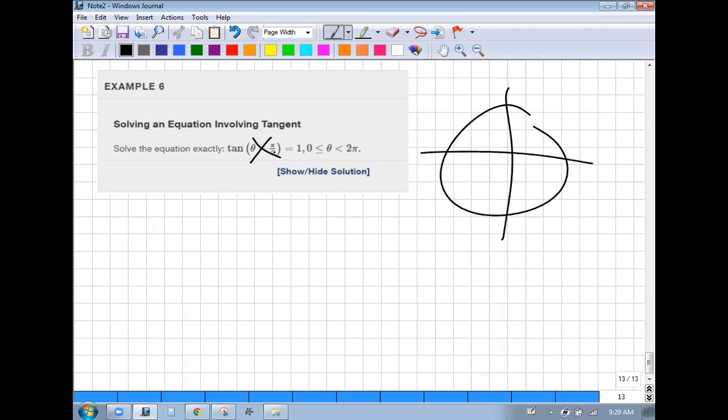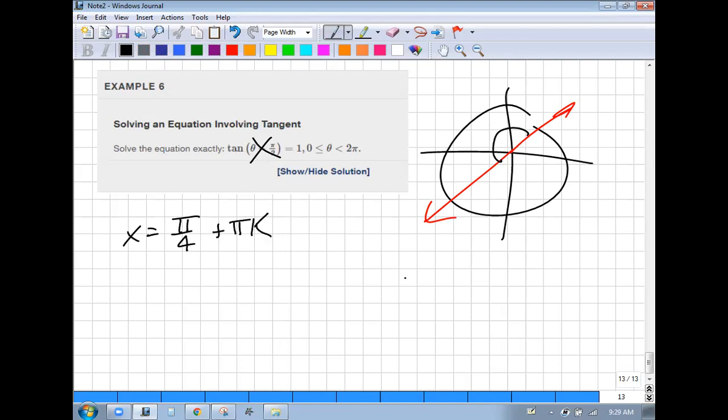So where is tangent equal to 1? Well, it's equal to 1 here and here, right? Whatever it is in here, I don't care if it's theta squared plus 2 theta minus whatever, no matter what it is, I'm going to call it x. Whatever that stuff is in there, it has to be either pi over 4 or pi over 4 plus pi k.